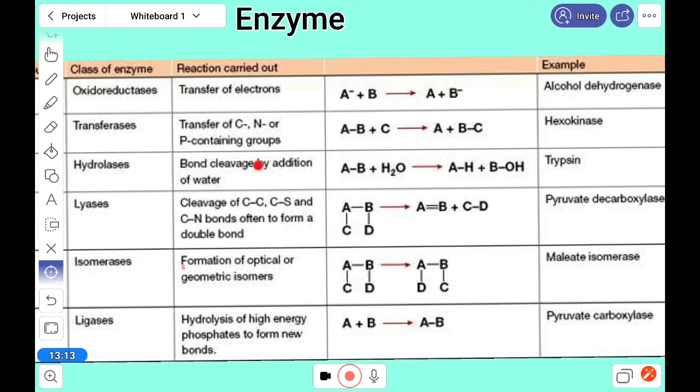Several enzymes in our body are hydrolases. It means that here is AB, water is there and the enzyme is there, and it breaks this bond. Trypsin and other enzymes.